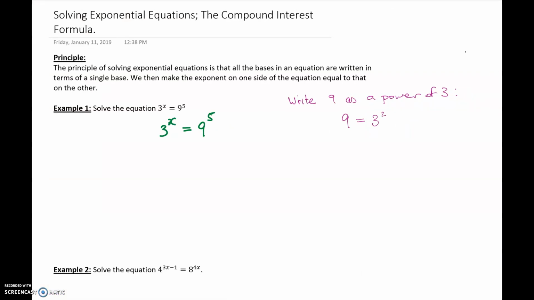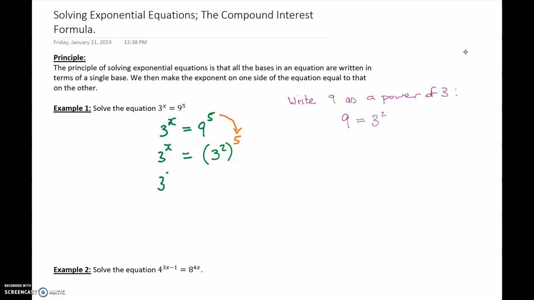So what we do now, we're going to replace the 9 with 3 squared. So 3 to the power of x equals, instead of 9, we're going to put 3 to the power of 2. We're going to put it in parentheses. And then we had that 5. We keep the 5. So we've replaced the 9 with 3 squared. Now we have the 5 outside.